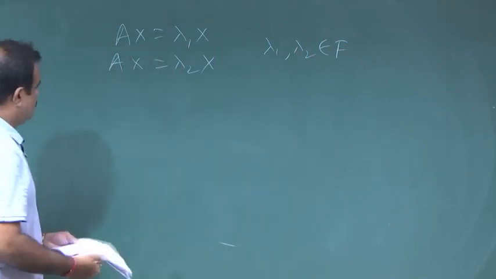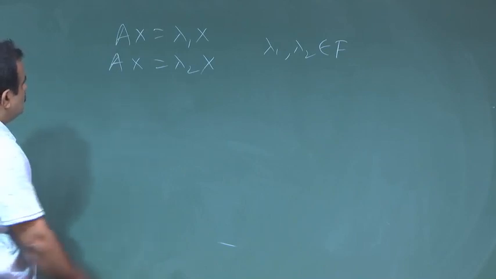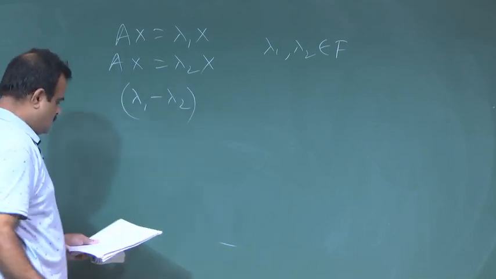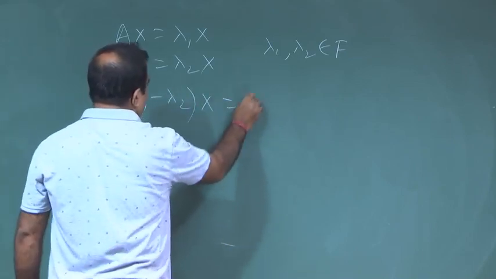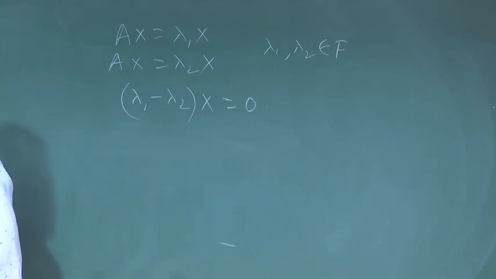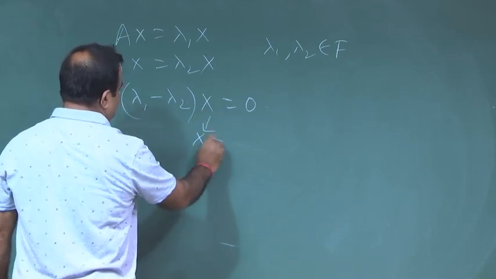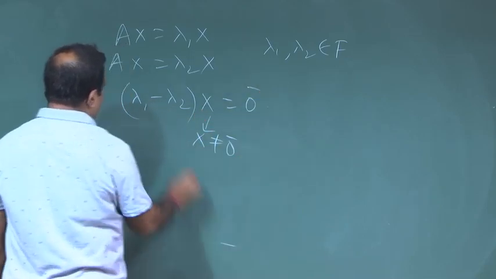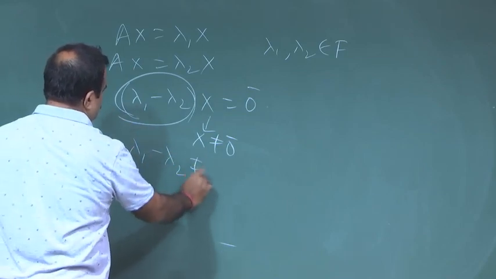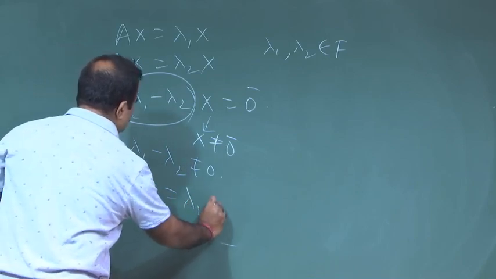Now, we can just subtract these two and we get (lambda 1 minus lambda 2) x equal to the zero vector. This is not possible because x is a non-zero vector, unless lambda 1 minus lambda 2 is zero. So, for this to happen we need lambda 1 equal to lambda 2.